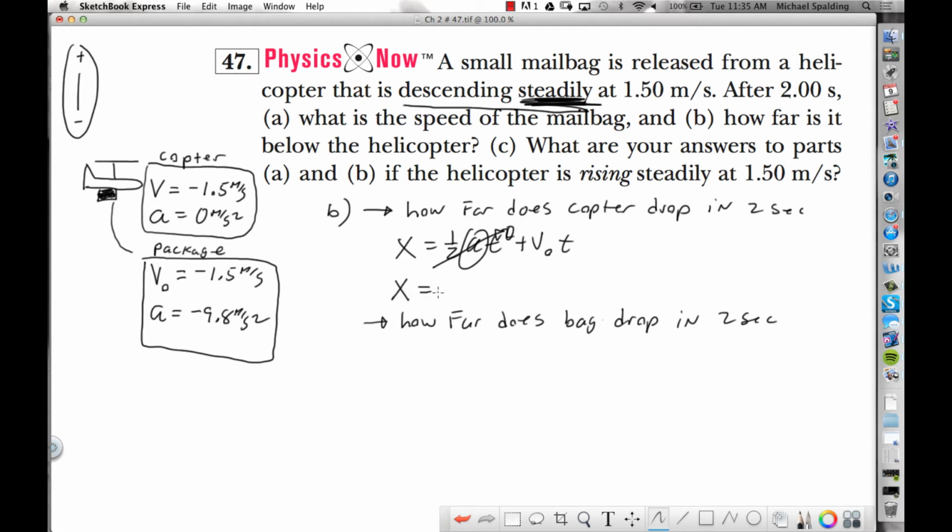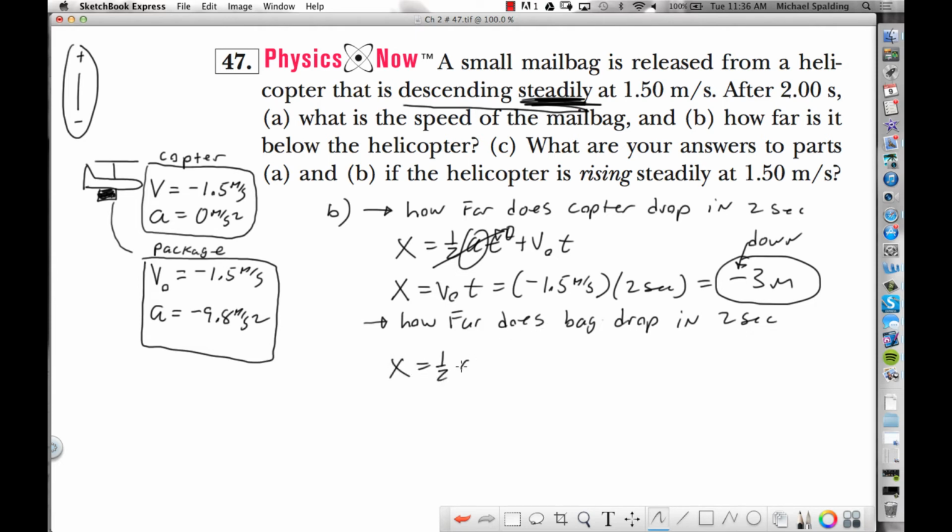So we get x equals v initial times t. So that's negative 1.5 meters per second times 2 seconds. So we get negative 3 meters. What does that negative mean? Down. The negative just means down. Okay, how far does the bag drop in 2 seconds? x equals 1/2 at squared plus v initial t.